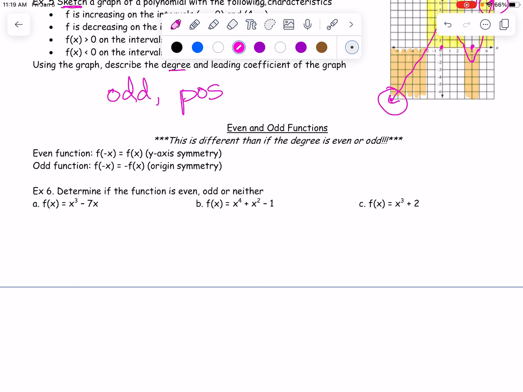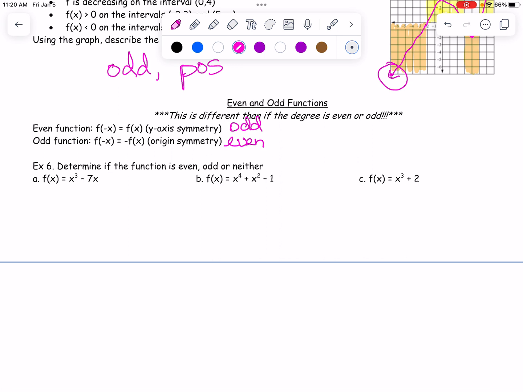You replace the x in your equation with a negative x. If the equation stays the same, it is an even function, and it'll be symmetrical about the y-axis. If all of the signs change from your original problem, then it is an odd function. If it's a mixture, it's going to be neither.